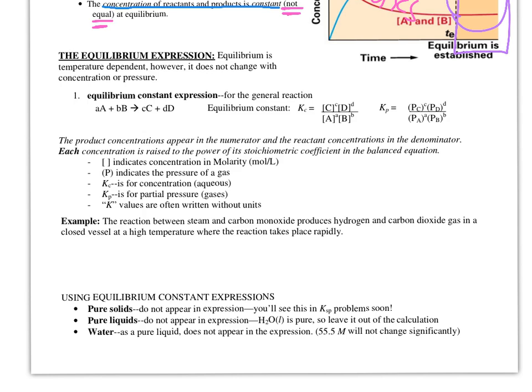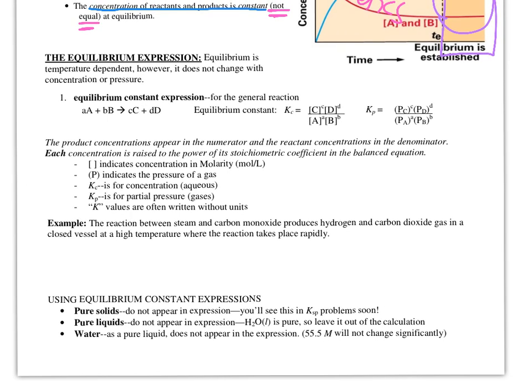So it is temperature dependent, so that is important to remember, okay? Equilibrium is temperature dependent, just like our K constant in kinetics was temperature dependent. However, if we change concentration or pressure, that does not change the equilibrium, okay?